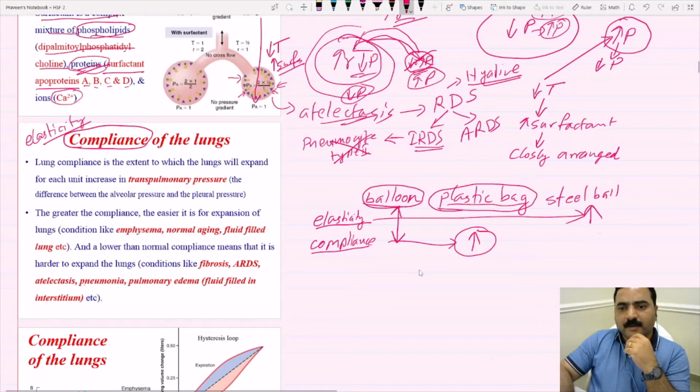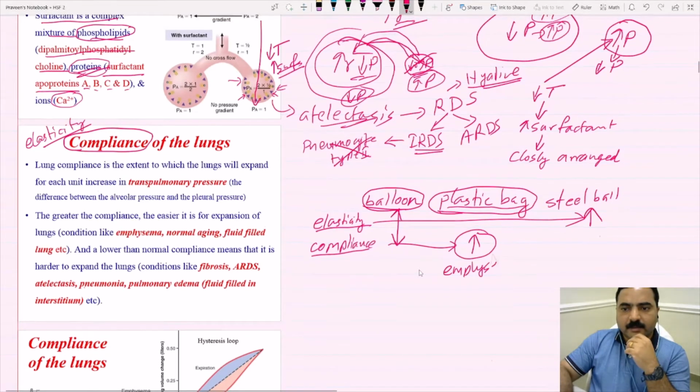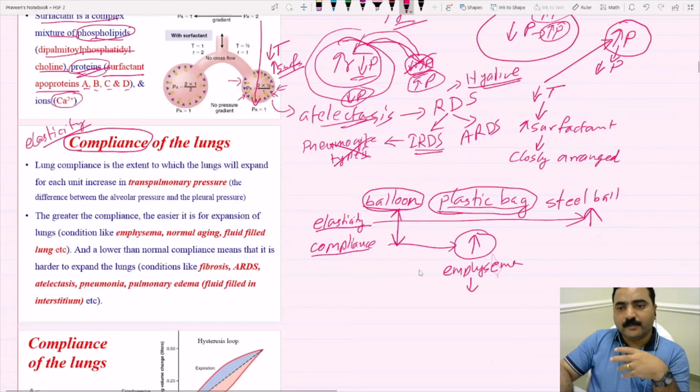An example of a disease condition like that is emphysema. In emphysema, what happens? The elastic fibers are lost. In a smoker, when they smoke, neutrophils will produce elastase that breaks down the elastic fibers, or trypsin, kinds of enzymes which degrade the proteins.